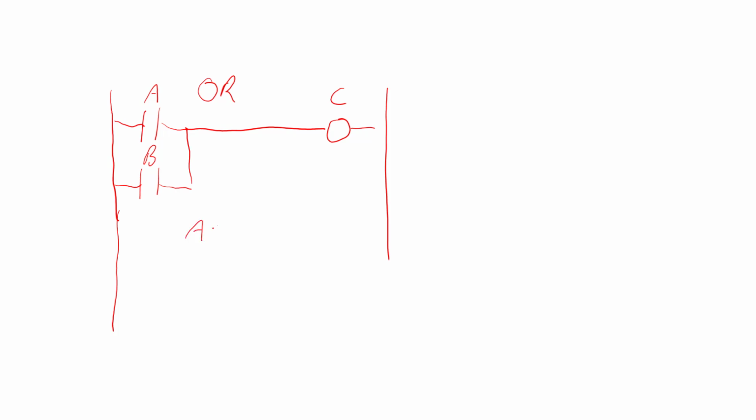And an AND condition is where A and B need to be met before the condition of output C changes.